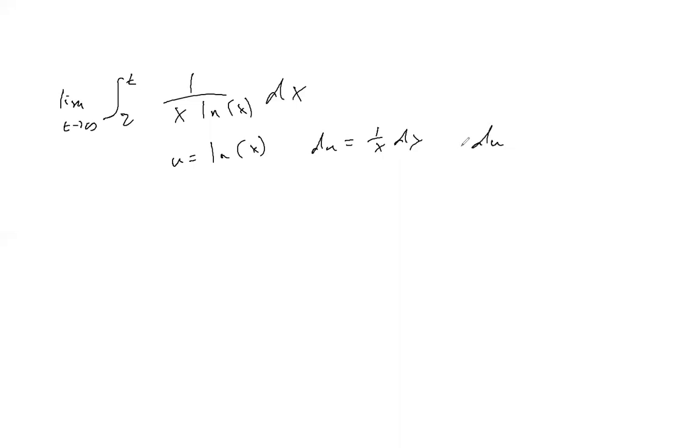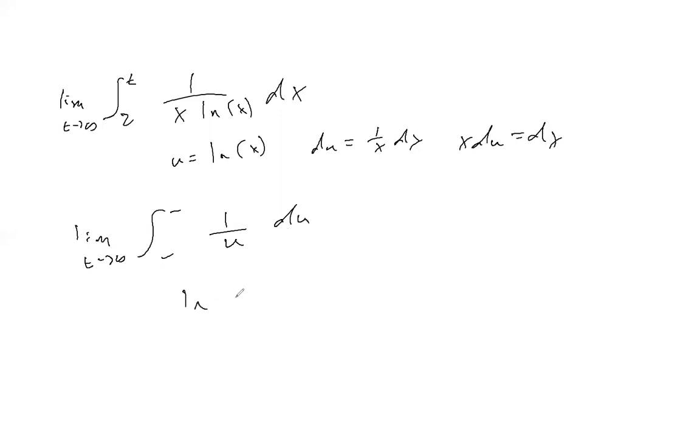So x du equals dx. Let's not bother changing the bounds. I would end up with 1 over u. The x would cancel when I replace dx with x du. So I'd end up with this integral.